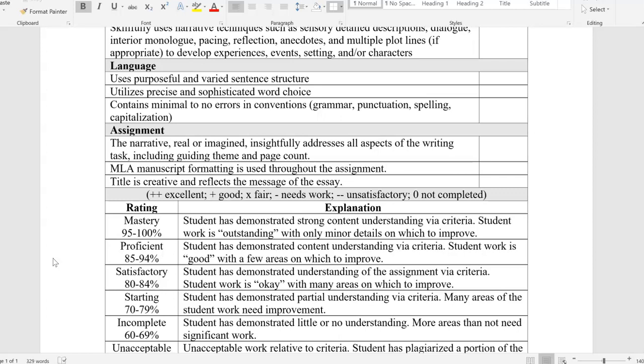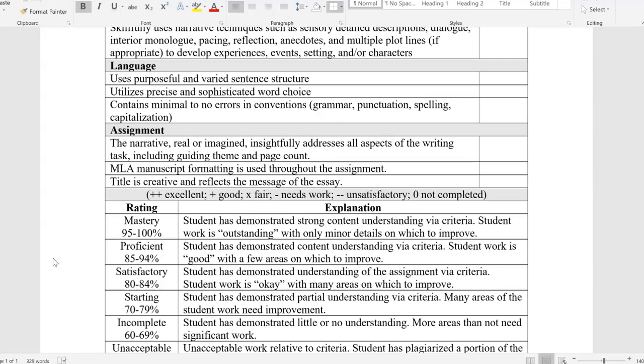Some people have pretty good work, but there's still tons of work to do, so they might get the 85. Some people might have good work, not too much to improve upon, but still a little bit, it's not quite mastery level. Satisfactory is the B- area. It's okay. It's not great writing, but there are some areas in which to improve.